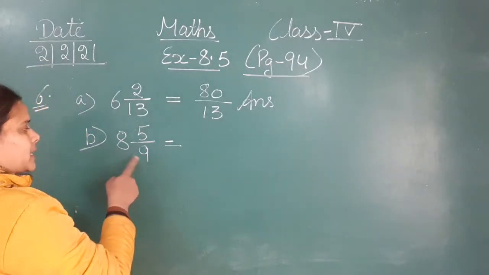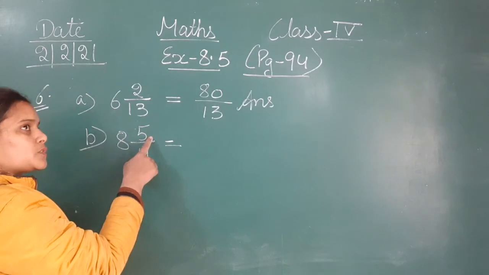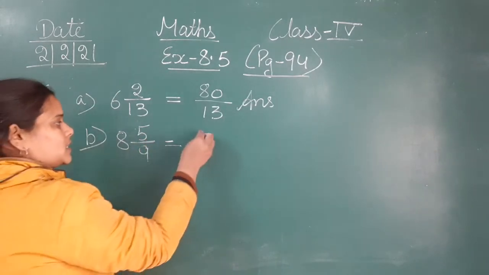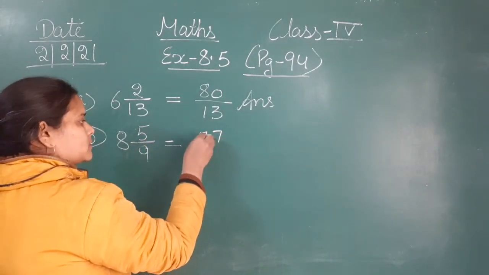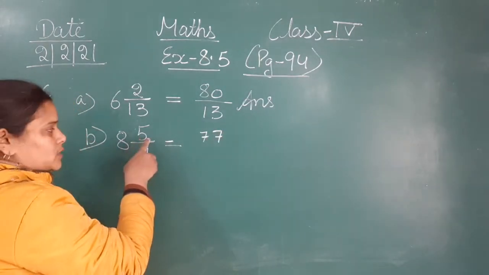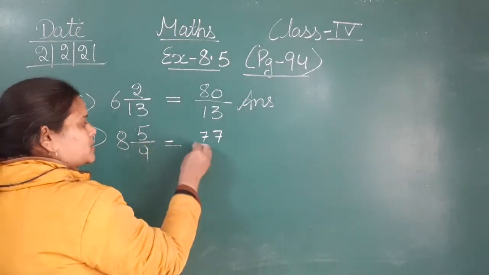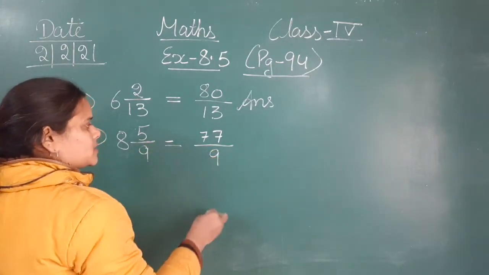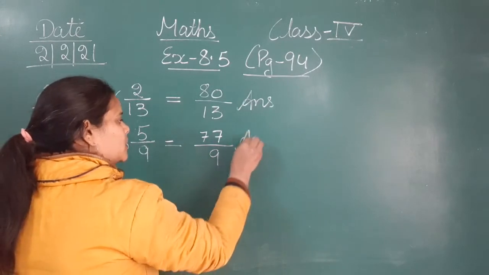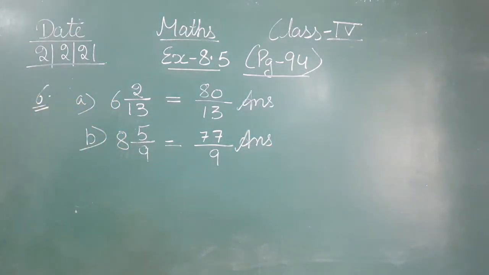So let's multiply 9 with 8. 9 eights are 72. 72 plus 5 is 77. Denominator will be 9. So the answer is 77 upon 9.